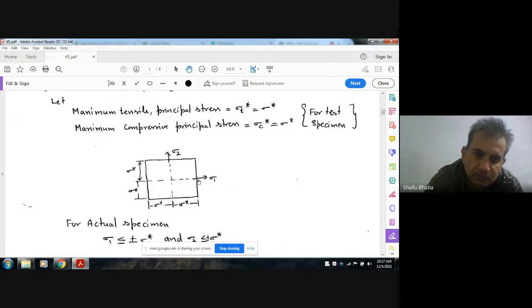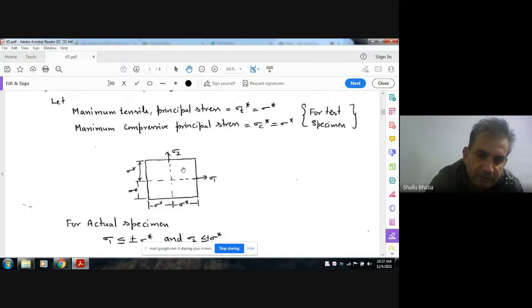So this sigma 1 should remain within this scale, and if it is compressive it should remain within this. Likewise, if sigma 2 is the maximum principal stress, then its limit should not exceed this, and if it is maximum compressive stress, then it should not exceed this.